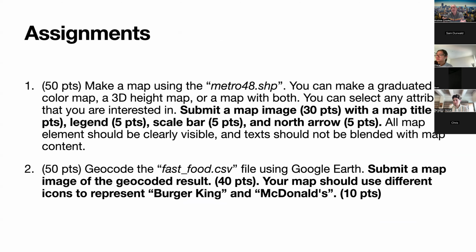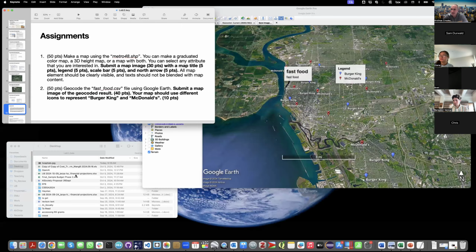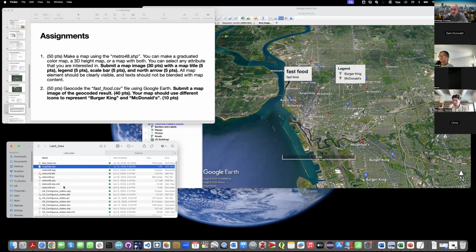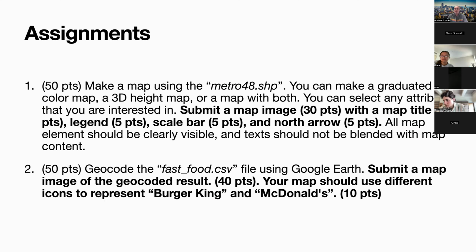a polygon map. So here there's going to be a new shape I'll call Metro 48. If you go back to your lab data, you'll see the Metro 48 shape files already in the download folder. I want you to make a graduated color map, so variations, just like we did for the states and the population in buckets, right?